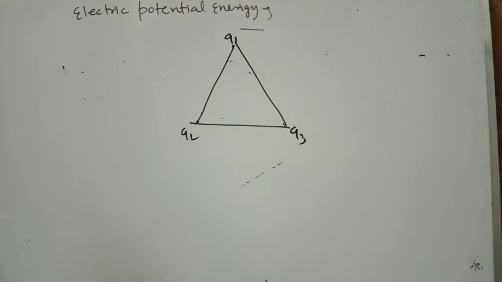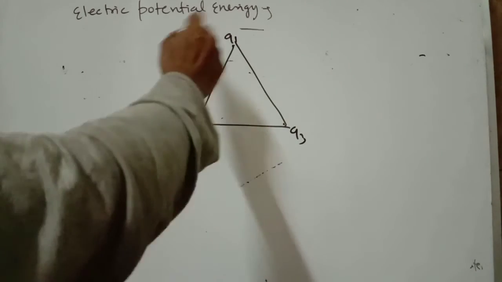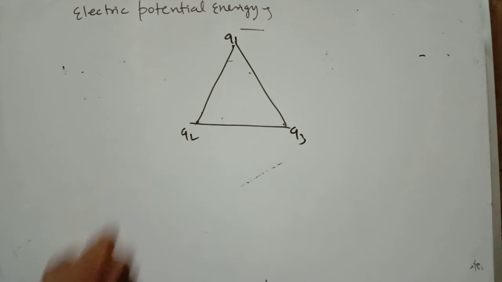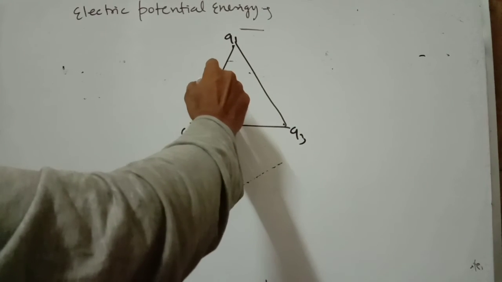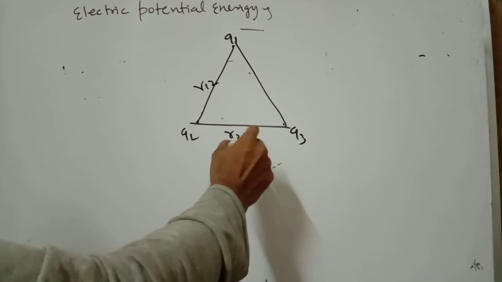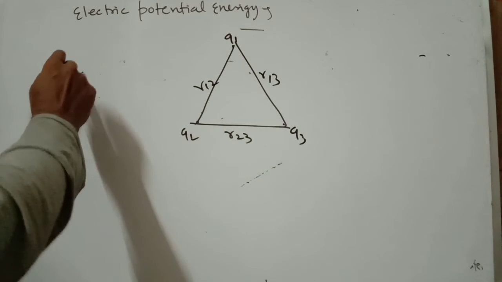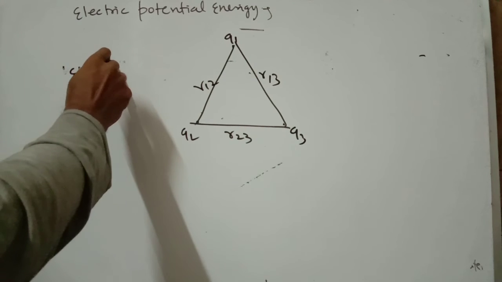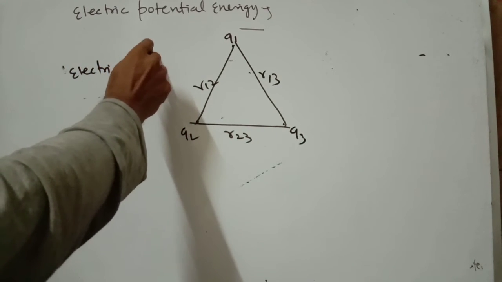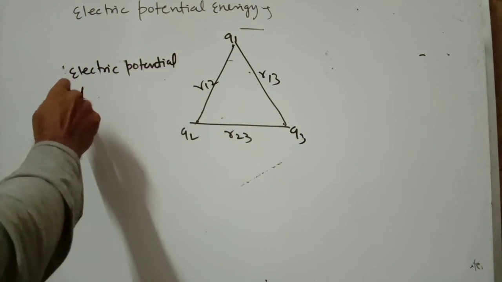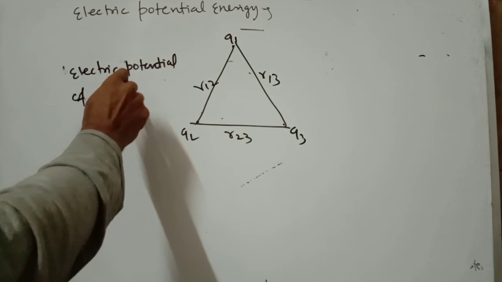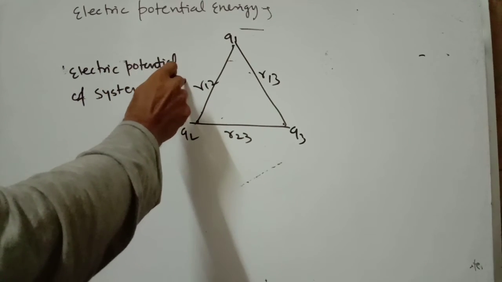So what is the electric potential of the system of all charges? How can we find it? We consider the distances r12, r23, and r13. So here, what is the electric potential of the system of charges?